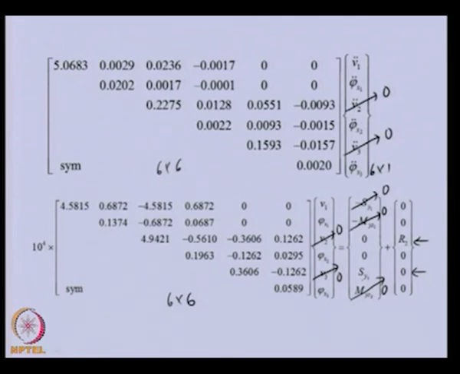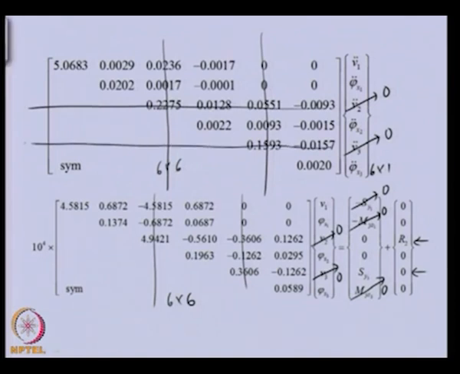So basically, the third row and fifth row will be eliminated from both mass and stiffness matrix, along with the third column and fifth column. This row and this row we will eliminate.